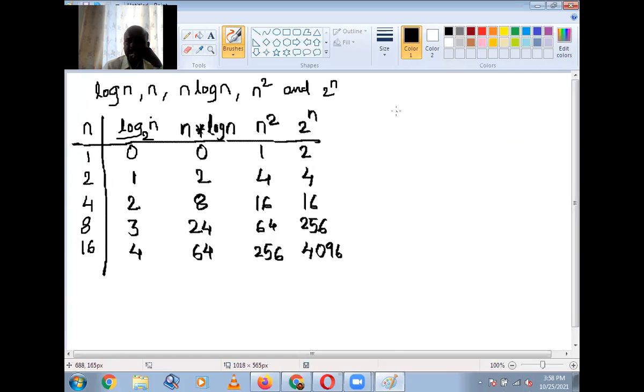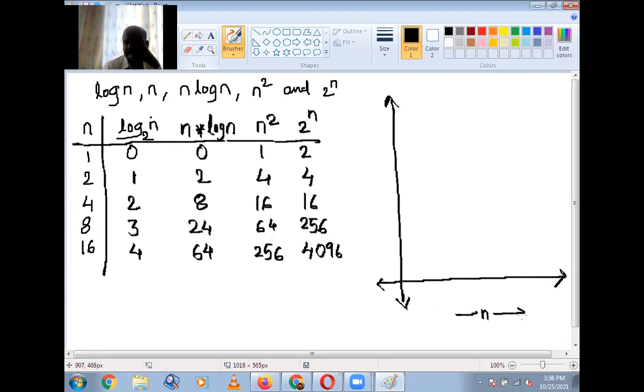So here we'll take points on this x-axis n, on y-axis f of n.